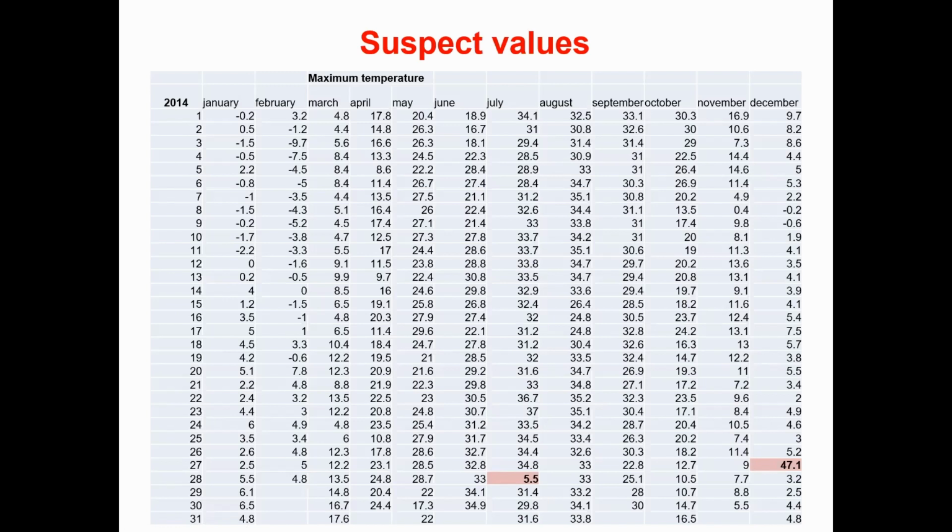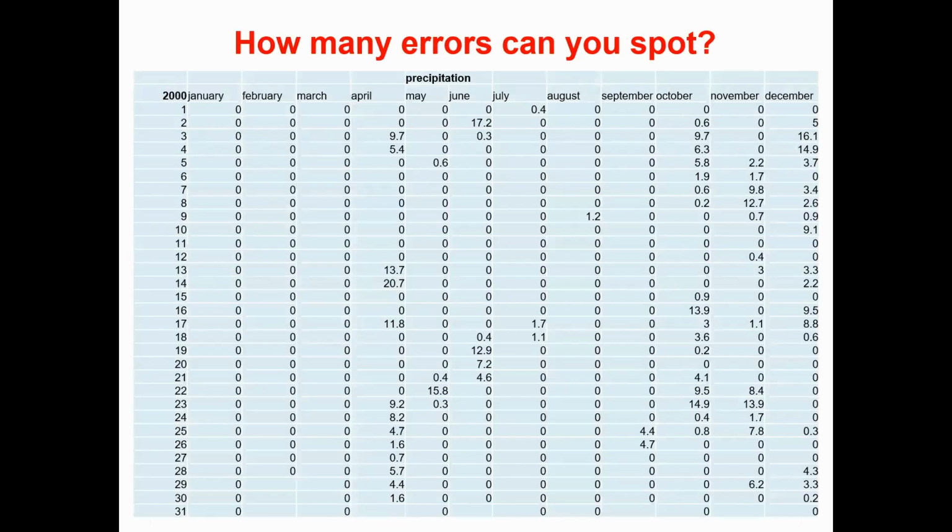Okay, how about this spreadsheet? What's going on here? This is rainfall for the year 2000. What's the problem?